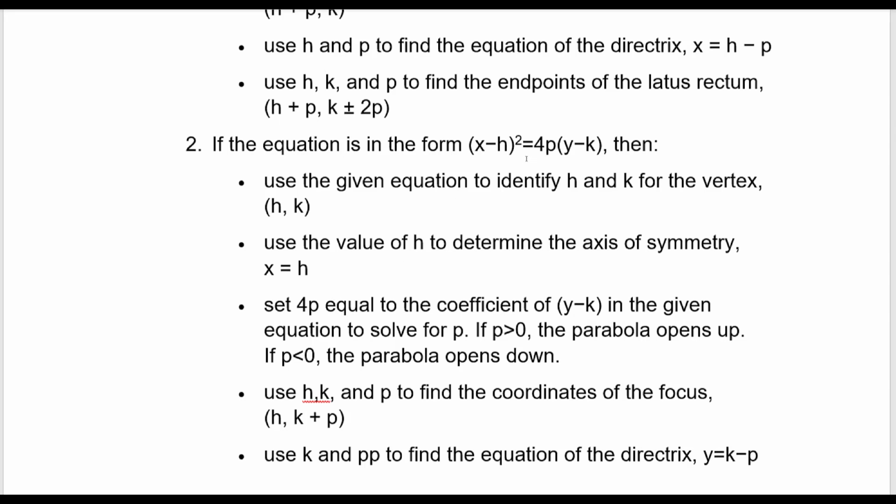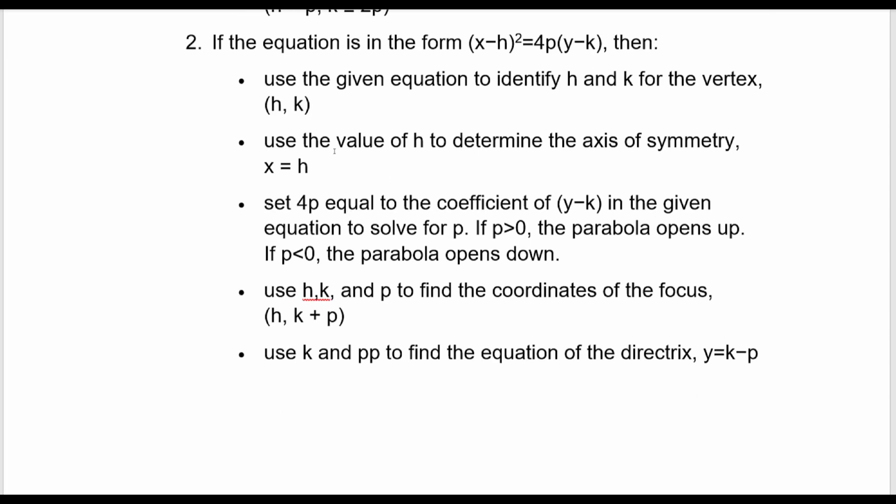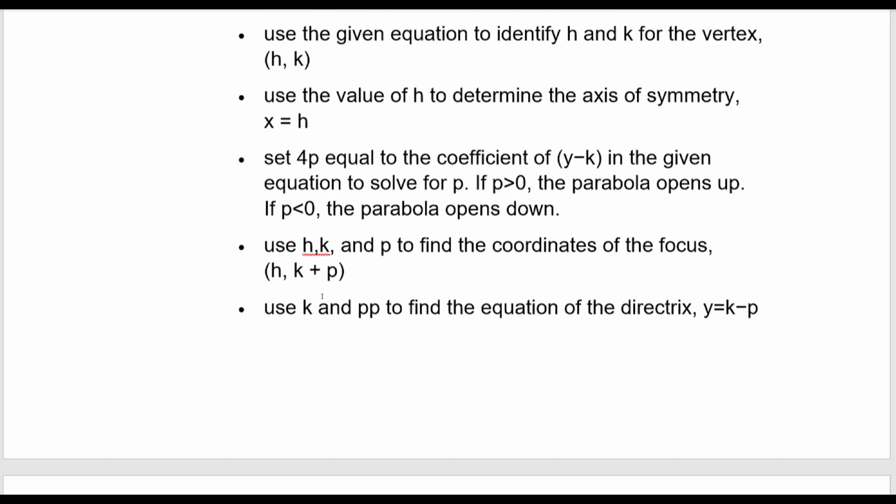Now if the x part is squared, then use the given equation to identify (h, k) for the vertex. Use the value of h to determine the axis of symmetry. Set 4p equal to the coefficient of y minus k in the given equation. Solve for p. If p is positive, it opens up. Negative opens down.